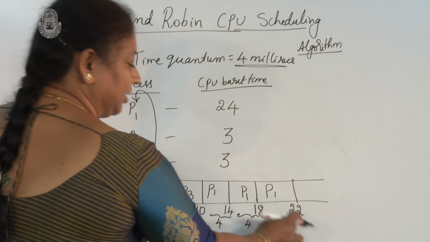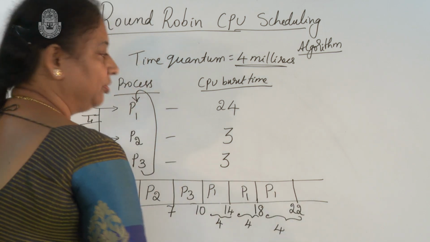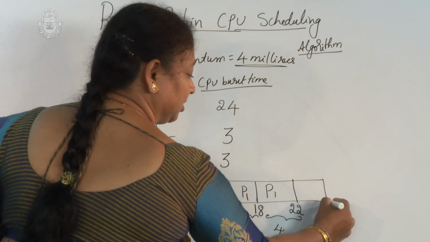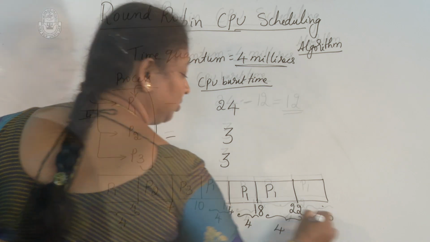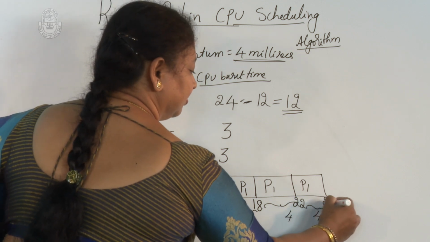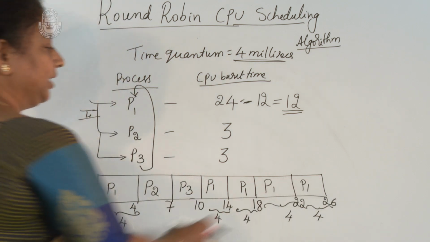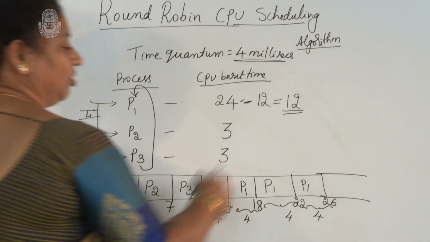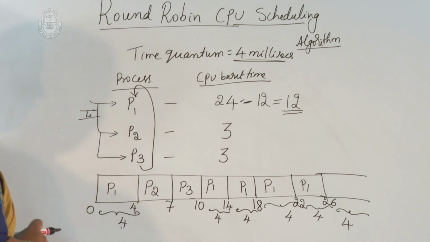Okay. So in the next time quantum also P1 will be served. 18 plus 4, 22, but still it is not over. We have 2 more time units. So here plus 2 units, P1 will be served. Okay, so at 26th millisecond... one more session is required.